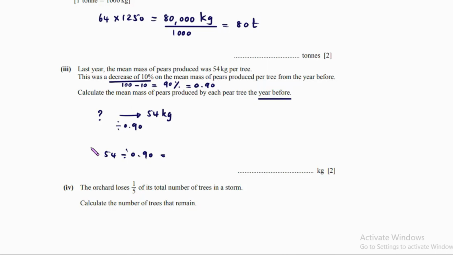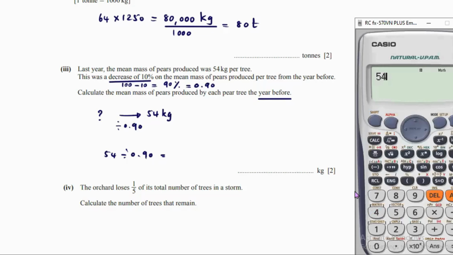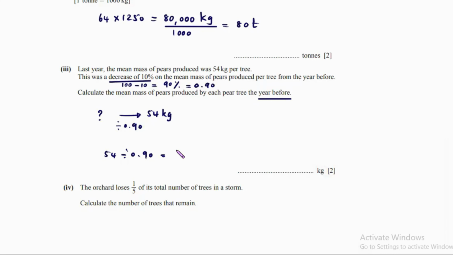When I divide 54 by 0.90, let's see what we get as the answer. When I do that, I get 60. So this 60 kilograms is the mean mass of pears produced the year before.